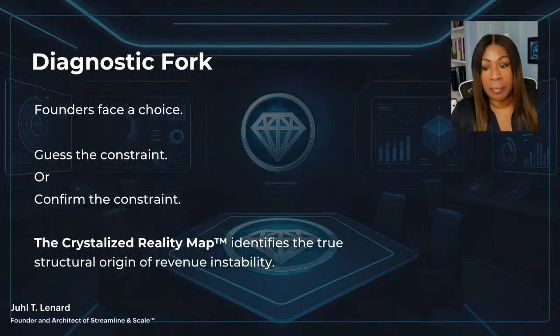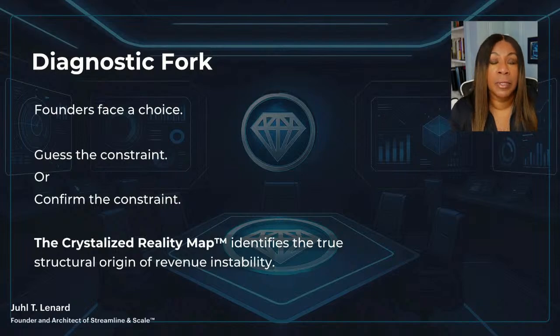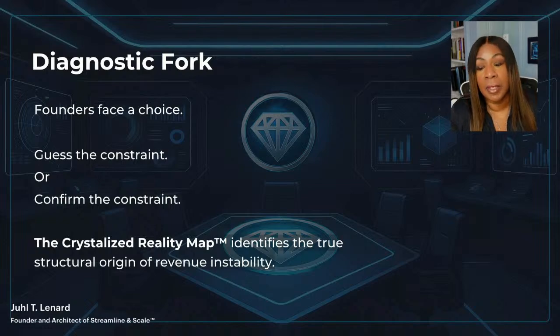Now, at this point, you have been exposed to the pattern. You can see the constraint domains and the quadrants within the revenue system. You understand that the revenue system is a system that every business operates in. What you may not be comfortable with, or what you may not fully grasp, is how to identify where the constraint lives.